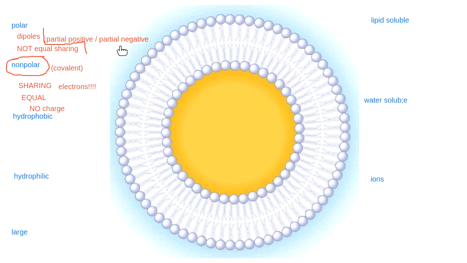Hey, if I'm the part of an atom that gets those electrons a lot, if I get them more often, do I look positive or negative? If I'm the one that gets those electrons a lot, do I look positive or negative?